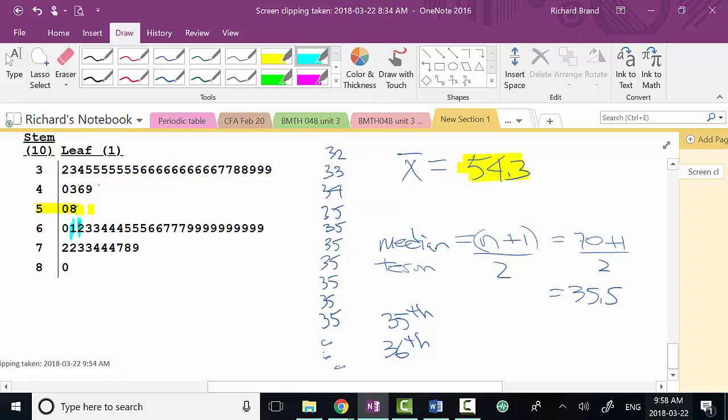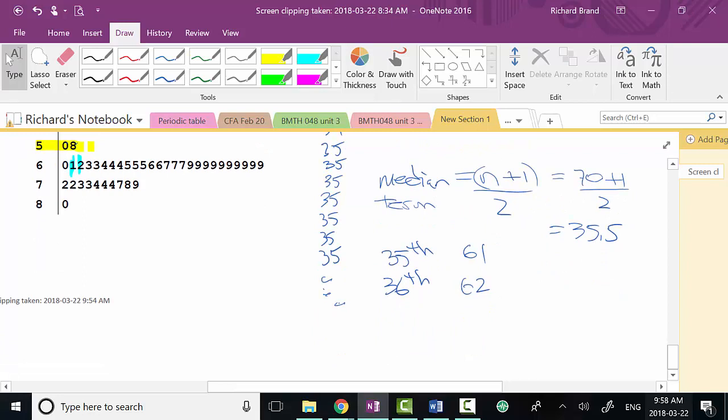So I'm going to break that down. The 35th term is 61, the 36th is 62, which means that the median is the average of those two. $61.5 is the median.